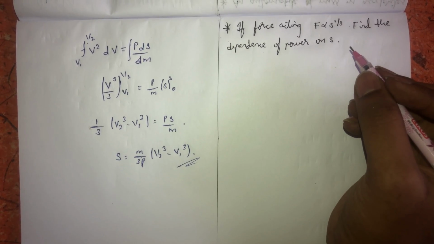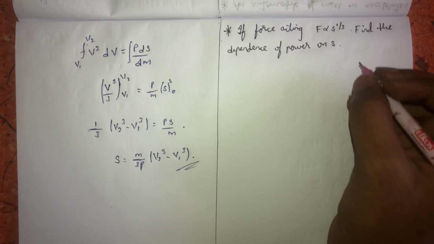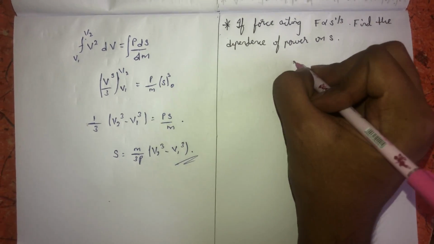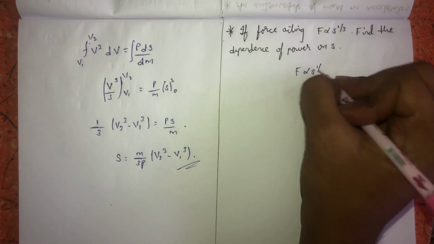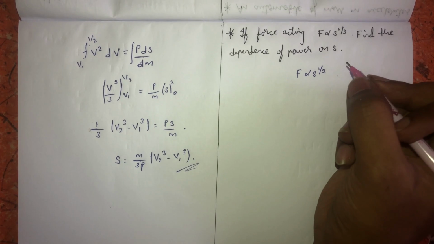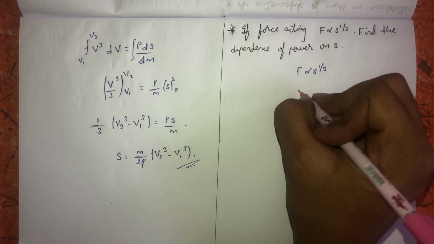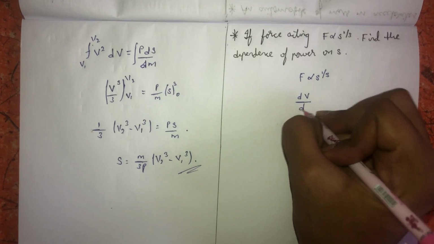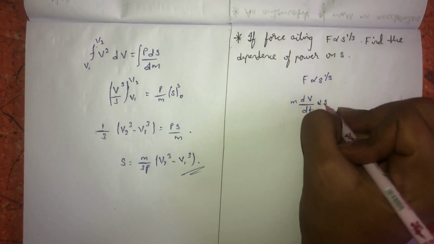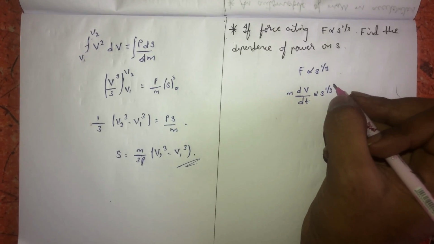Here, if the force acting F is directly proportional to S to the power of 1/3, then find the dependence of power on displacement. As we know, F is equal to ma, where acceleration is the rate of change of velocity by time, directly proportional to S to the power of 1/3.